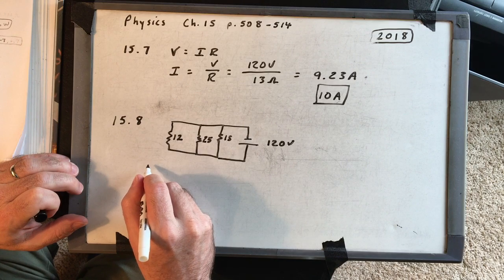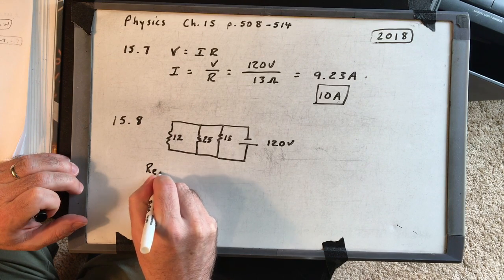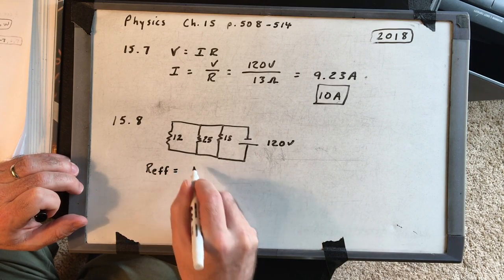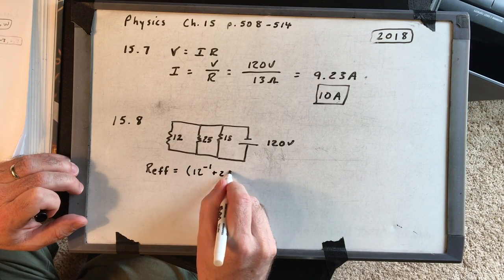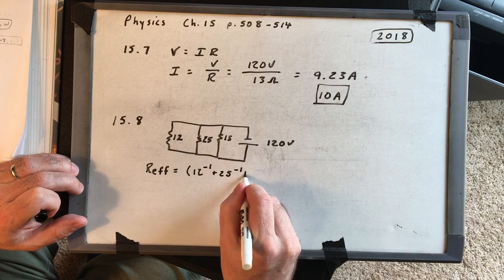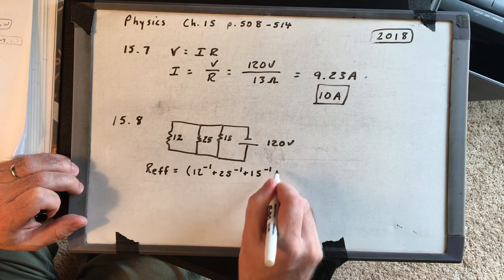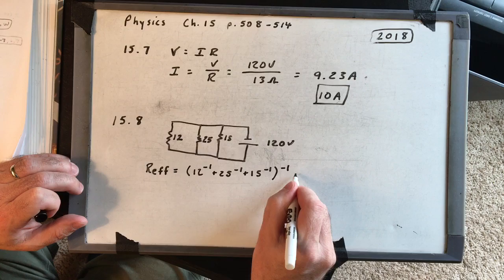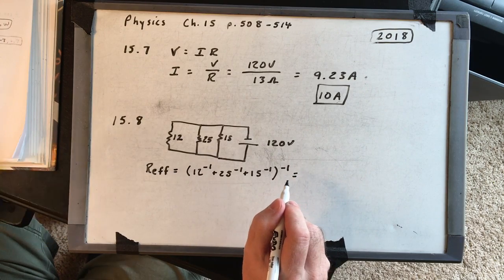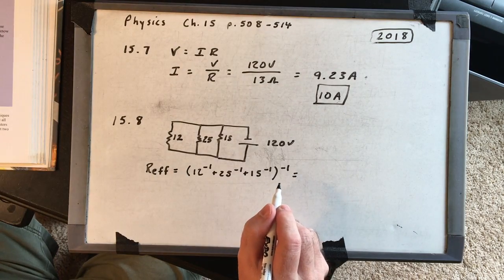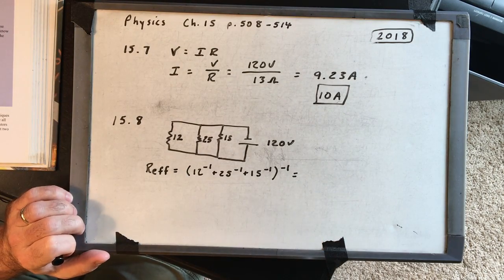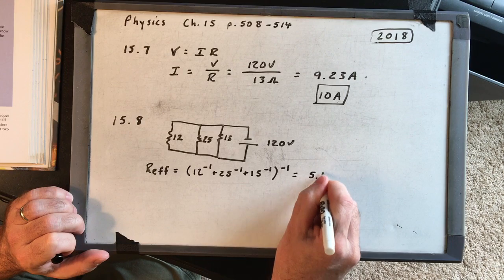So our effective resistance will be 12 to the minus 1 plus 25 to the minus 1 plus 15 to the minus 1, and you have to raise all that to the minus 1 power. When you do that, you'll get an answer of 5.26 ohms.